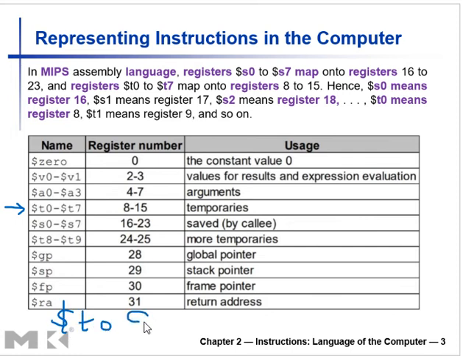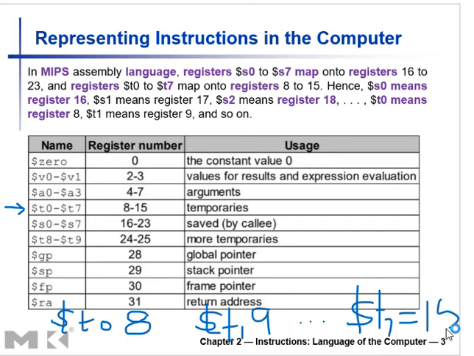For register T1, it's 9, and 10 for register T2, and so on. The last register, register T7, is going to be 15. So this is the idea.